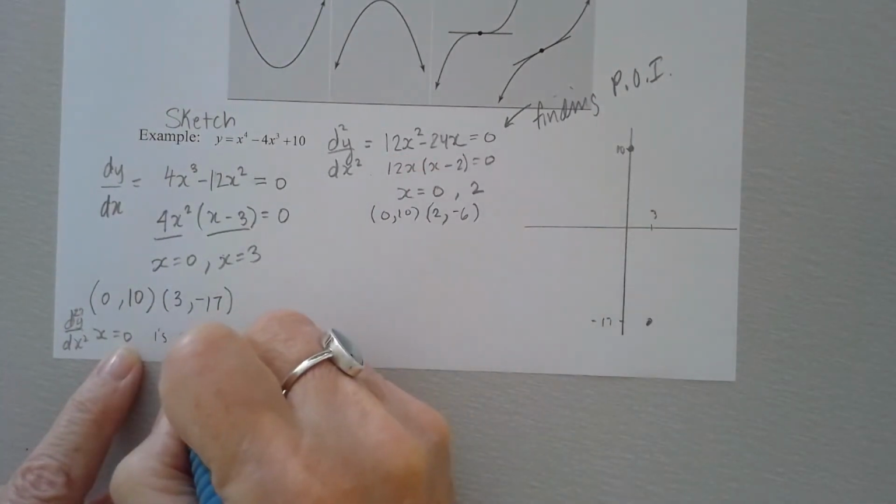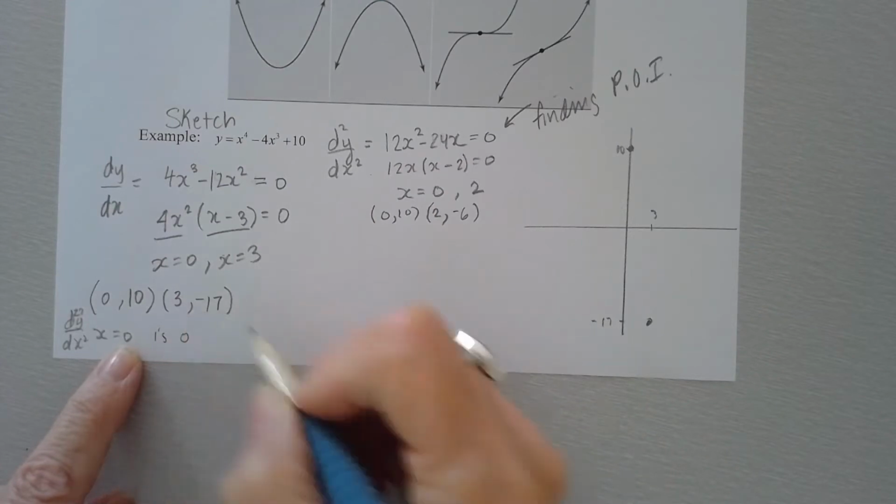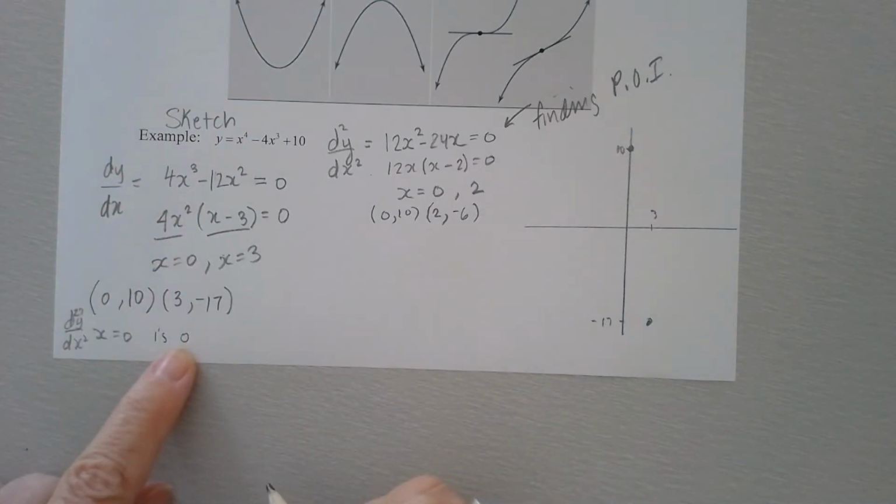Is that right? So that tells me nothing. It doesn't tell me concave up or concave down, does it? It tells me something, some point of concavity.